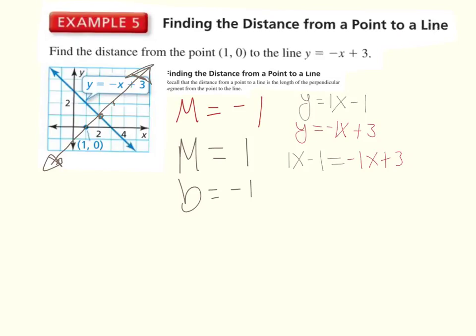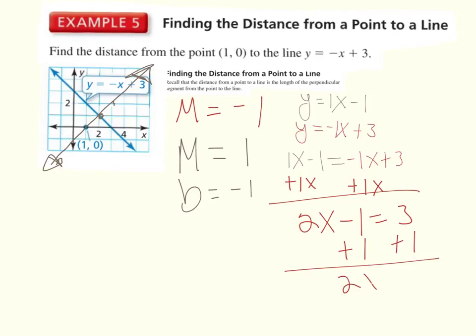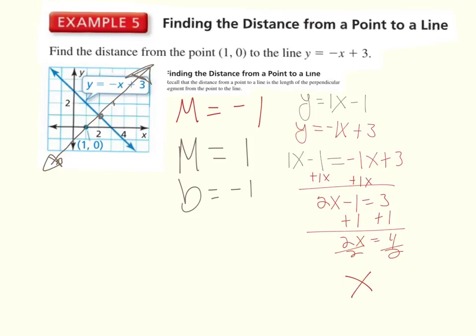Add x to both sides. When you add 1x to both sides, you should get 2x minus 1 equals 3. Add 1 to both sides, you get 2x equals 4. Divide by 2, divide by 2. So your x value will equal 2.